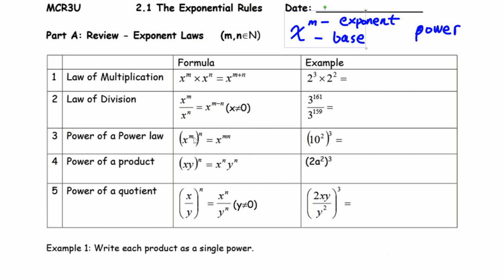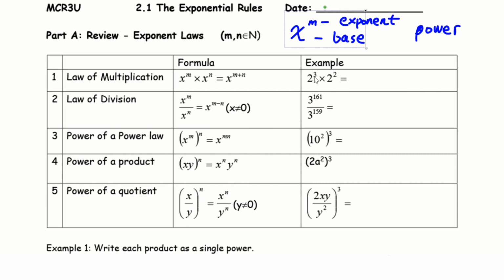For the power of a power, we multiply the exponents. For a power of a product, we apply the exponent to each factor of the product. For the division, we apply the exponent to the numerator and denominator of the quotient.